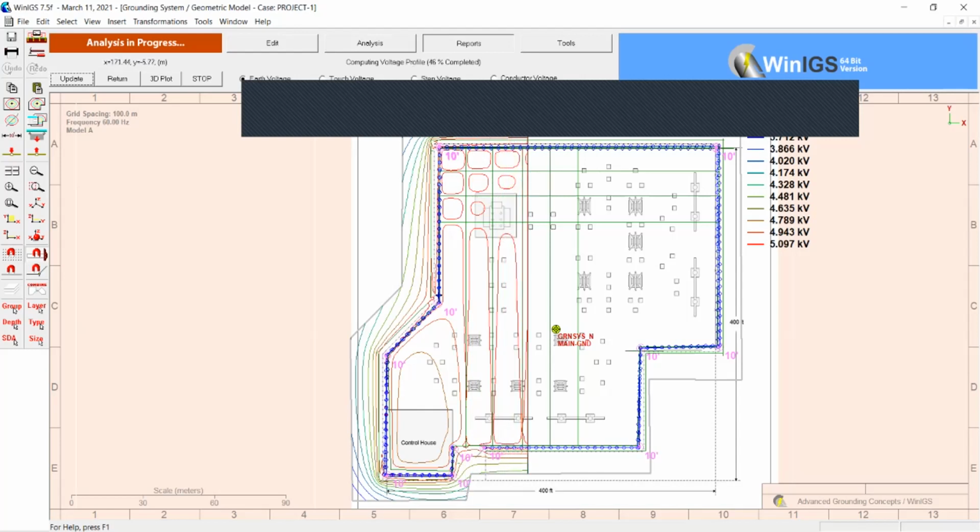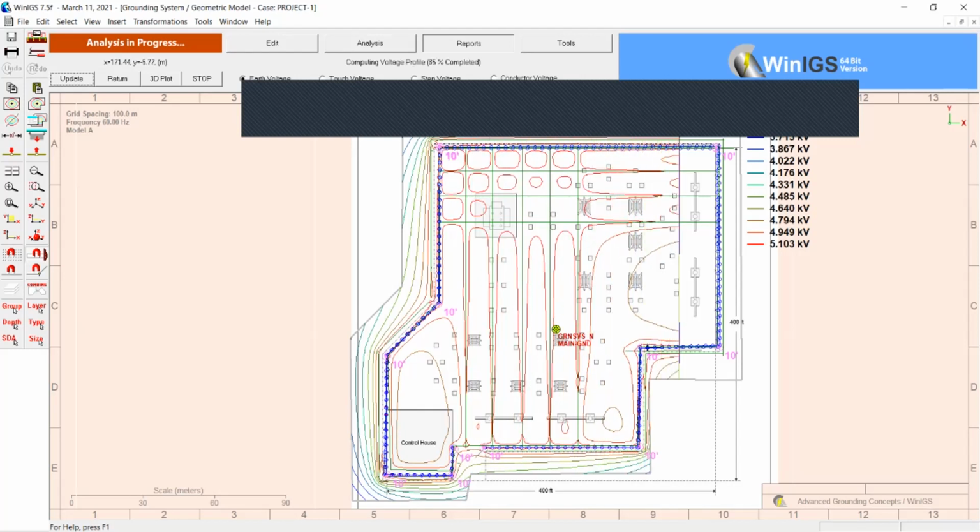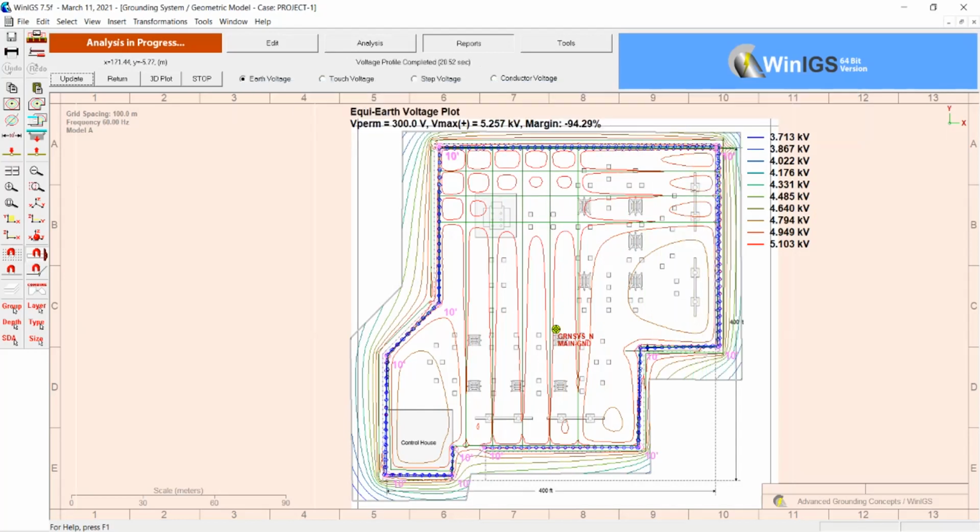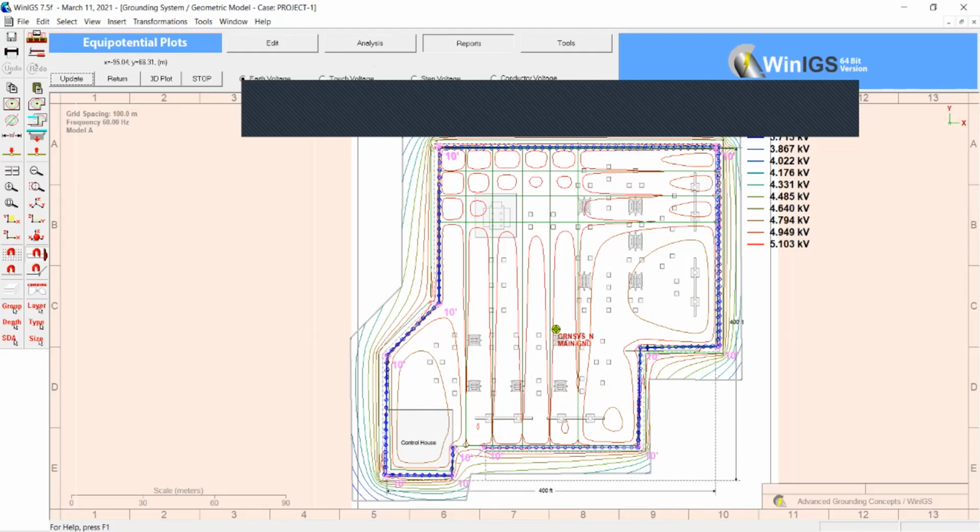The software is calculating it. Here, see a boundary. You have to set up a boundary surrounding your substation, so the calculation will be limited within this boundary.